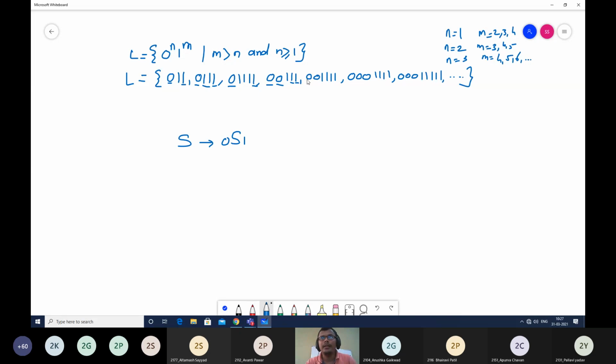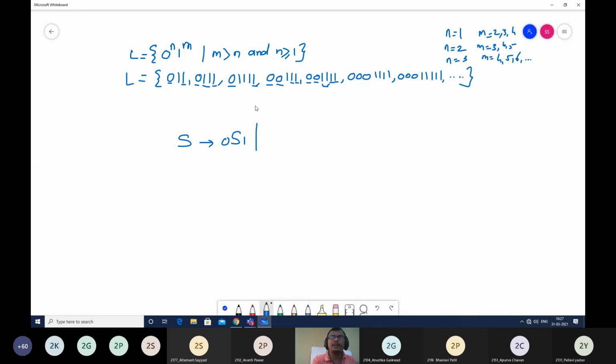What remains in between here is a single 1. Again, in the next string, for this 0 I have 1 1, and for this 0 I have 1 1. What remains in between is again 2 ones. Are you getting this? This sounds very similar to my first 3 strings also. For every 0, I have a corresponding 1 on the right, and what remains in between is 1 one, or 2 ones, or 3 ones, and so on.